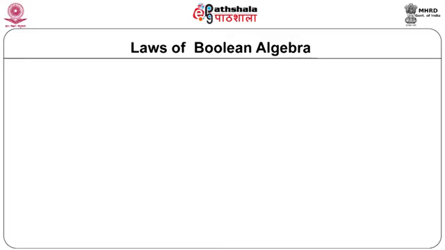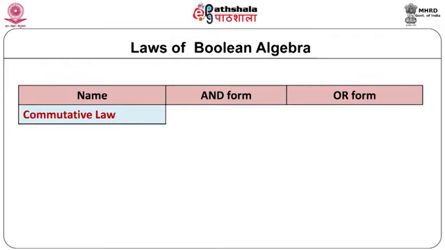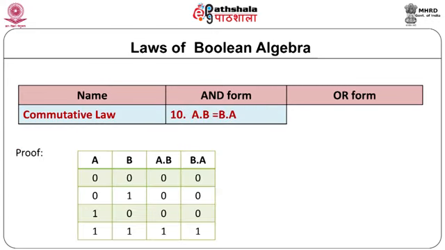Let us study some of the laws of Boolean algebra like commutative law, distributive and associative laws. Let us begin with the commutative law. The commutative law for product term is A and B is equal to B and A. It indicates that the order in which the variables are ANDed makes no difference on the result.